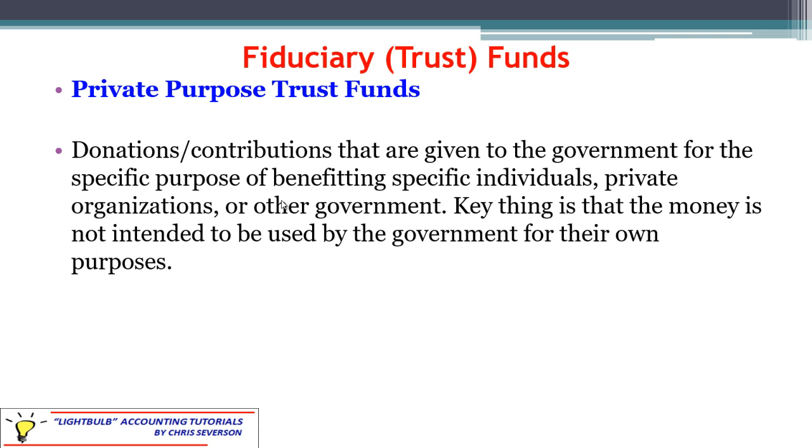But the key thing is the money is being held by the government as an agent. They're not able to use it for their own purposes. They have to follow the directions of whoever donated it. So it could be simply money deposited in order to establish a new park, establish a new walkway, things like that. Set up scholarships, that's another example.